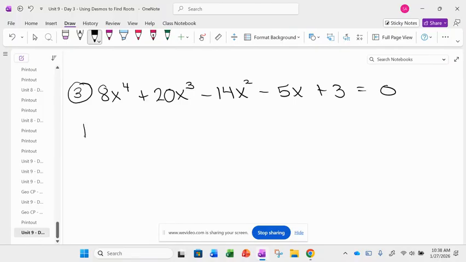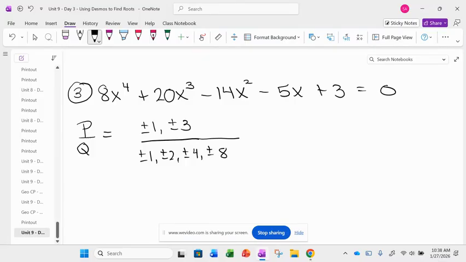So again, we want to find our possible rational roots first. So I'm plus minus 1, plus minus 3, over plus minus 1, plus minus 2, plus minus 4, plus minus 8.